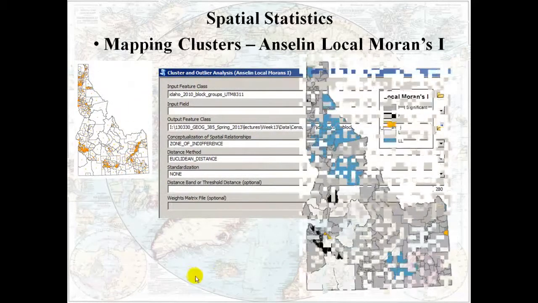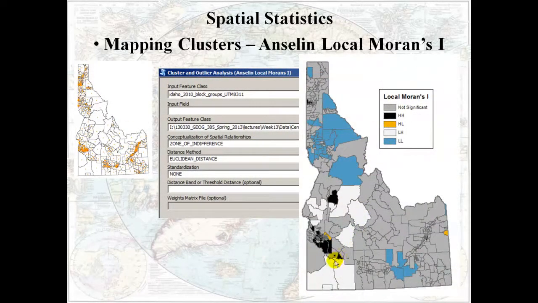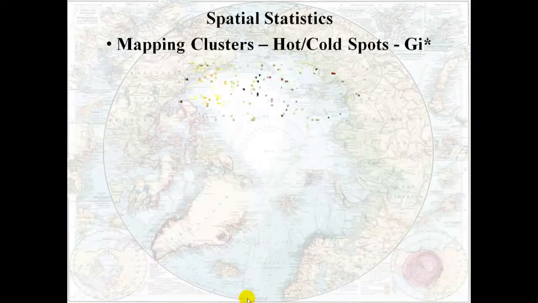So we run it on Idaho. Here's what we get. We get highs and highs down here. We get lows and lows up here. So locally, low values are close to each other in these places, and locally, high values are close to each other in these places. Instead of getting a single number or a single result for the entire state, we can kind of map it out and break it through the state a little more.